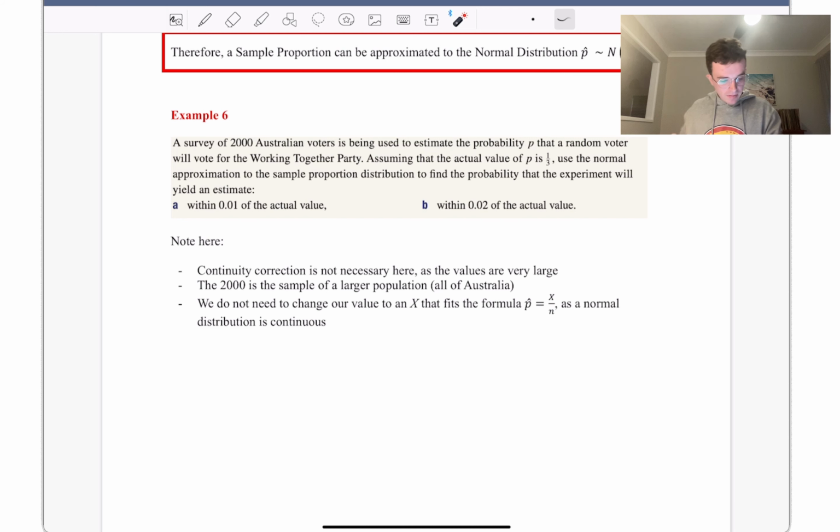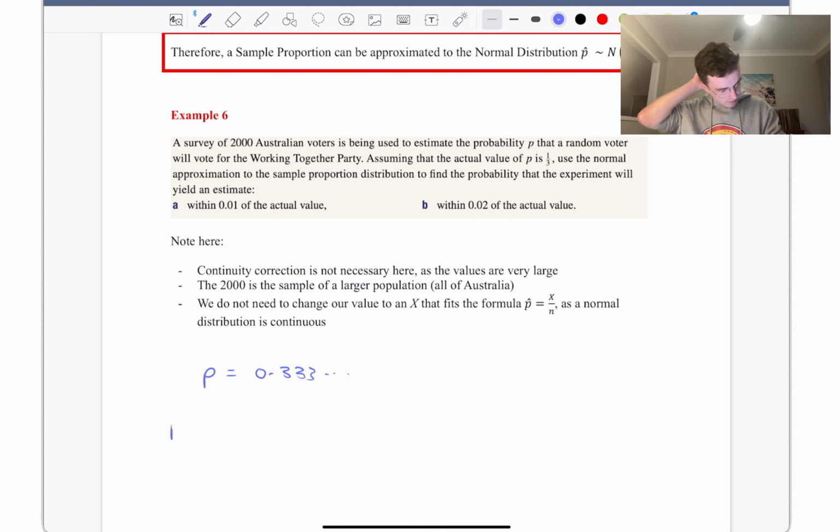So the 2,000 sample is a sample of a larger population of all of Australia, and we don't need to change a value in x to fit the formula p hat is x on n like we did in the previous example, as a normal distribution is continuous. We can have decimals. So the proportion p is equal to 0.333 ... and we want 0.01 of the actual value.